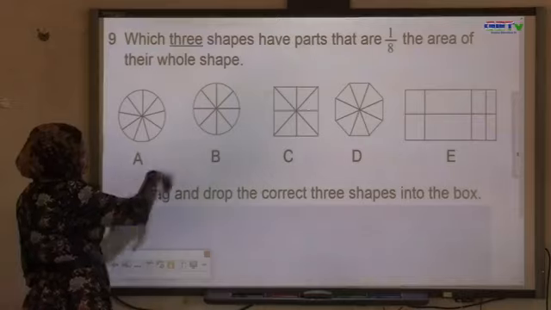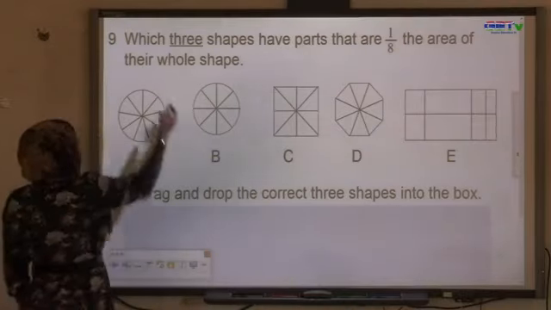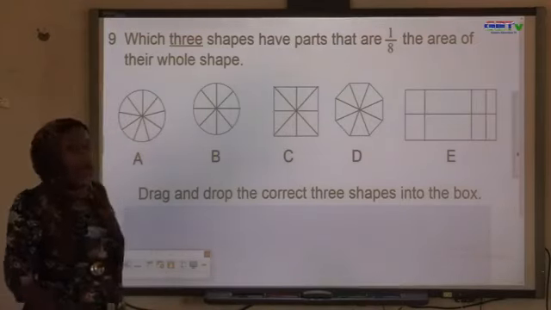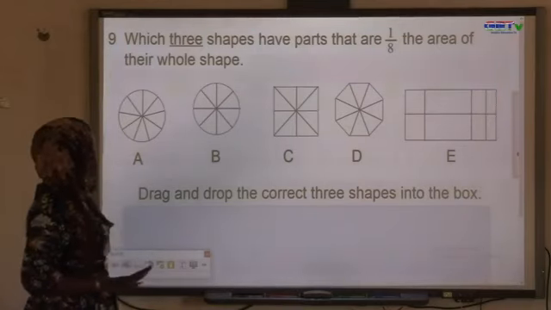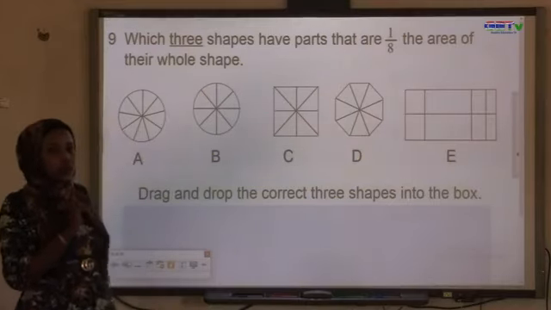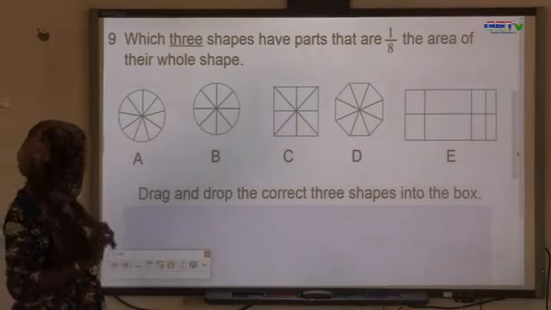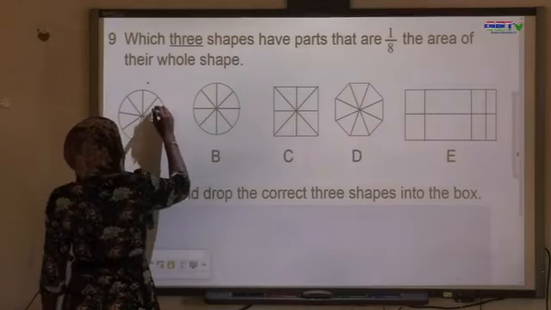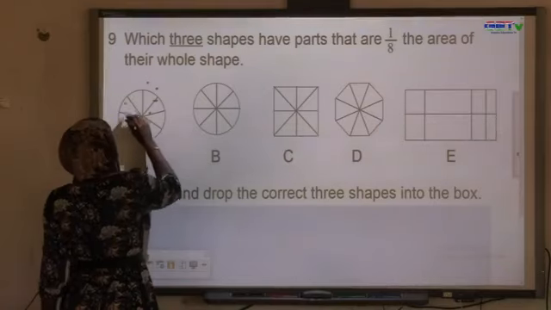Now let's look at option A. In option A, we have a whole. Are all the parts equal? Yes, all the parts are equal. How many parts are there? Can we count together? 1, 2, 3, 4, 5, 6, 7, 8, 9.